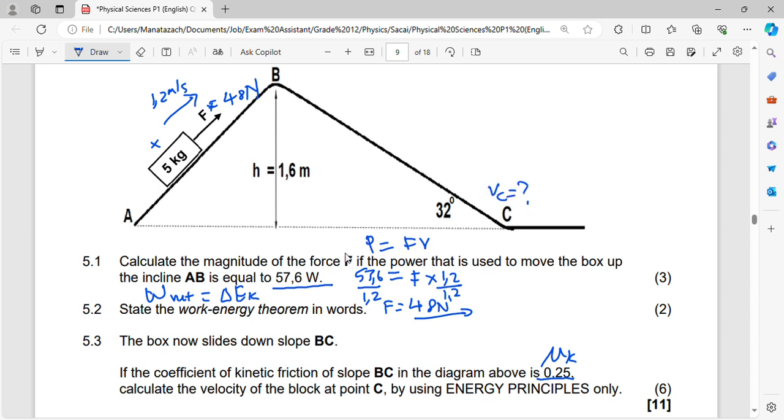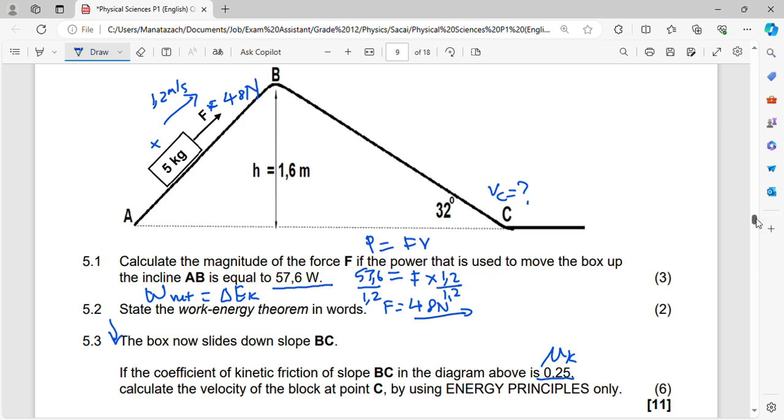Let me just give you a clue. When the previous question asks you to state the work energy theorem, it directly means that in the following question you'll have to apply the work energy theorem. So we'll have to apply this formula on question 5.3.